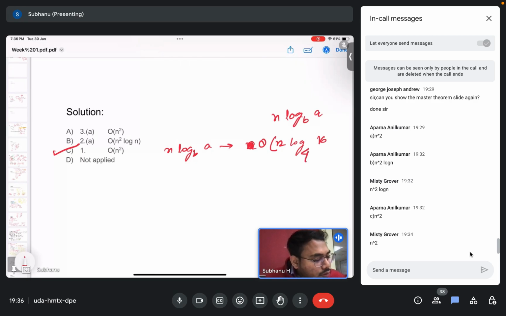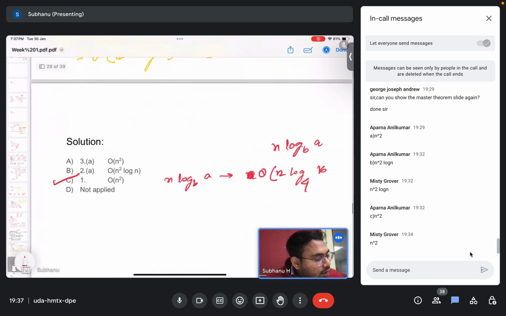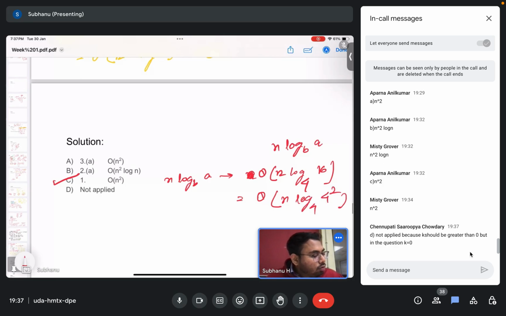What is our a? a is 16 and b is 4. That's why I have written log 16 base 4. If this is the case, it will be n to the power log 4 square base 4, so it will become theta of n square.